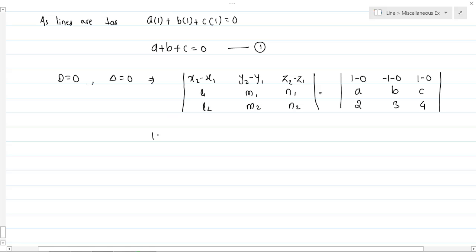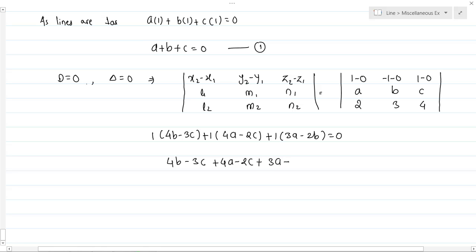So it is 1 into 4b minus 3c, minus minus, plus, into 4a minus 2c, plus 1 into 3a minus 2b equals 0. Let's solve this: 4b minus 3c plus 4a minus 2c plus 3a minus 2b equals 0.